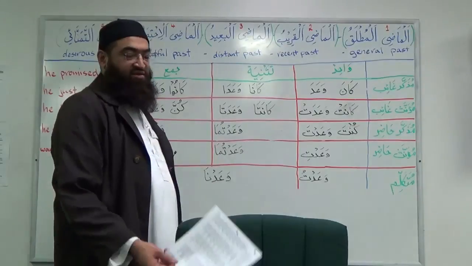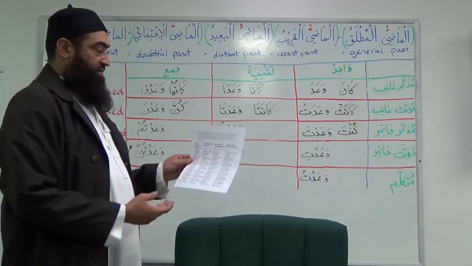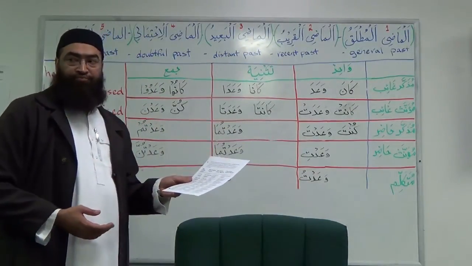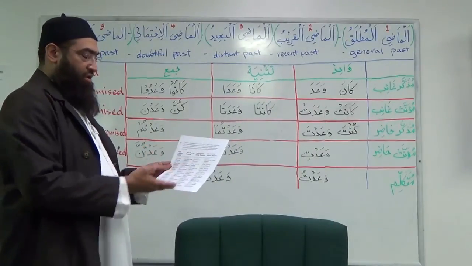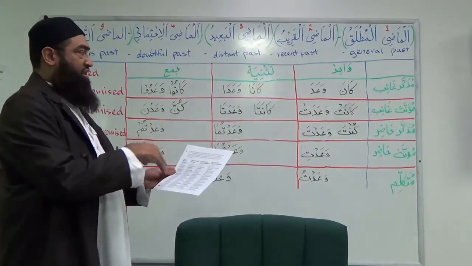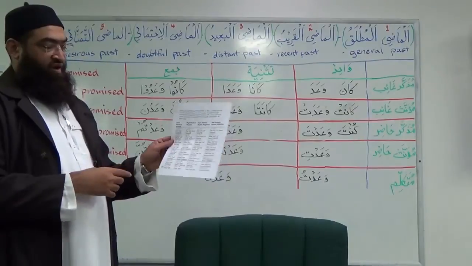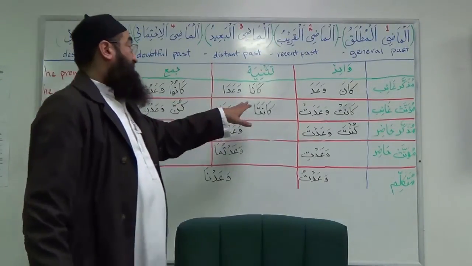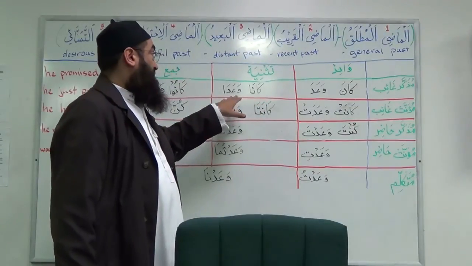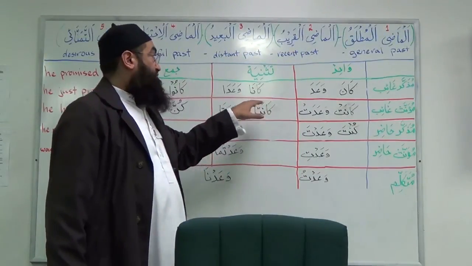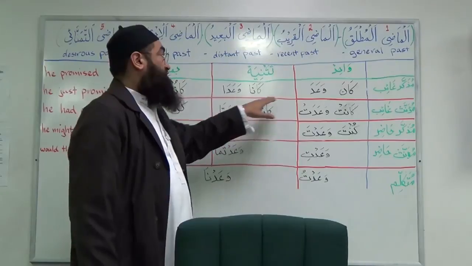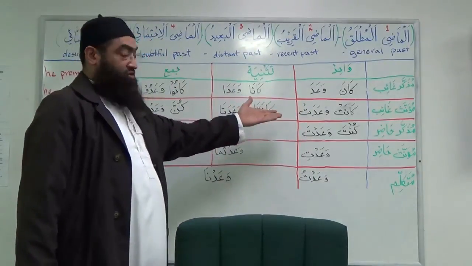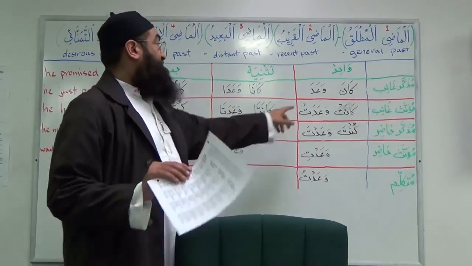And this is all in the handout that I gave you. It's all conjugated. In the handout, it's front and back. And you can find the ma'ruf also, wa'ada, and you can find the majhul also on this, which is wu'ida.